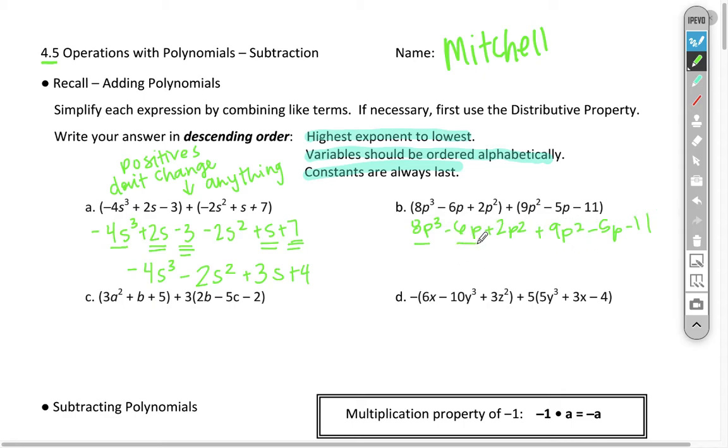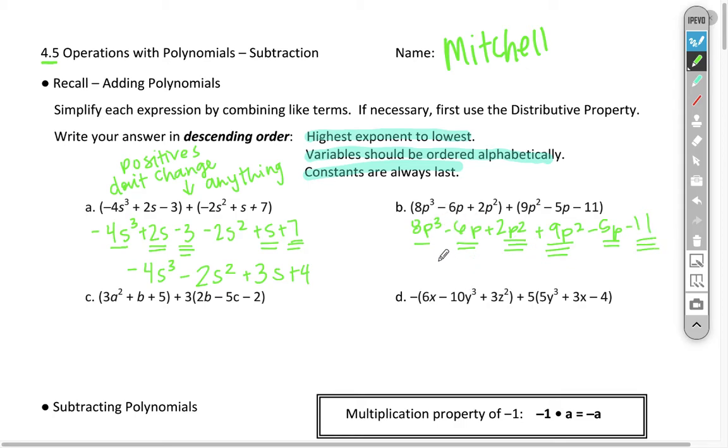Then we have negative 6p, and then we've got 9p squared. And we've also got 2p squared. But notice because of these squares, we can't combine these with the others. But we do also have negative 5p, which can be combined. And then we've got these p's with a square on there, so those can be combined together. And then 11 is on its own.